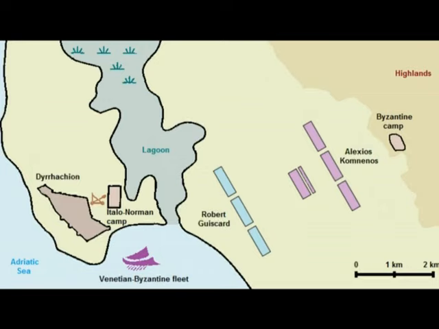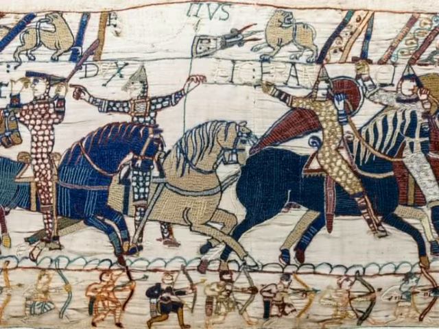Instead, Alexios opts for essentially a direct attack, at least exposing his own army and leaving the choice of whether to give battle or not to the Normans, sort of offering it to them at the end of the day.